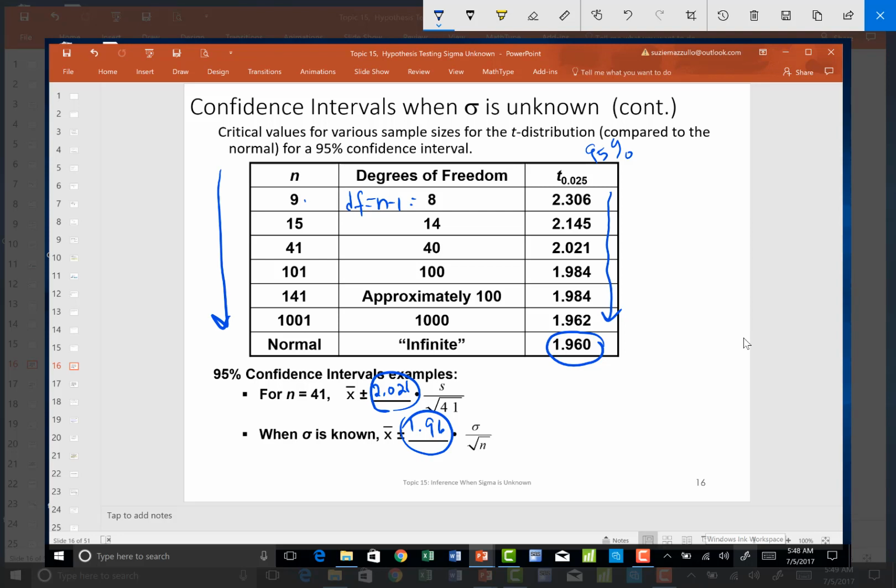We're guessing what the population standard deviation is. So we want our confidence intervals to be a bit larger so that we can make sure that we capture that mean in there, or hope to, at a 95% confidence level. In other words, that this procedure will work 95% of the time. And in order for it to work 95% of the time, we need to make those intervals a little bit larger.